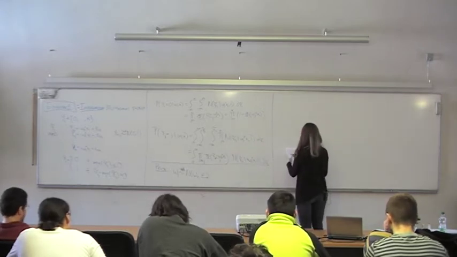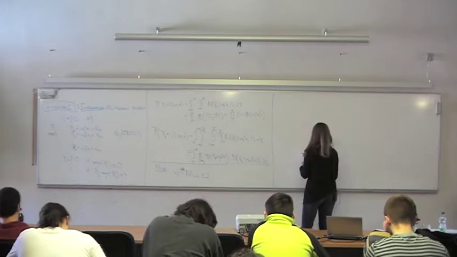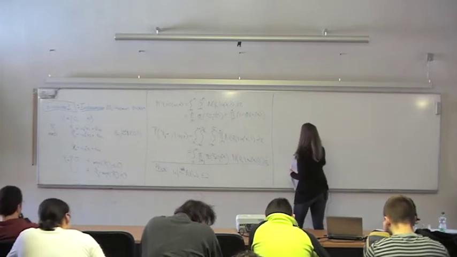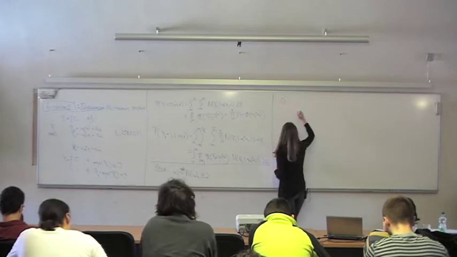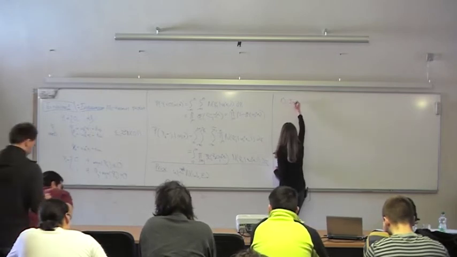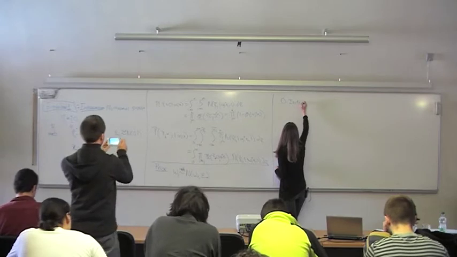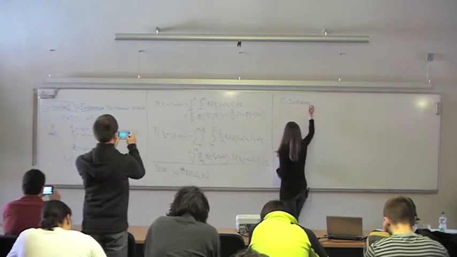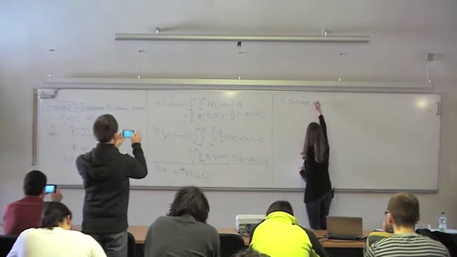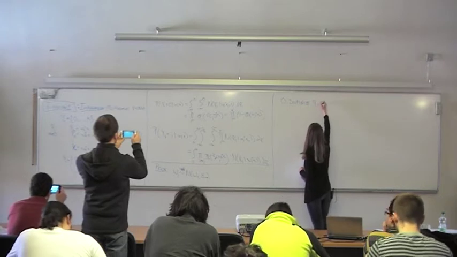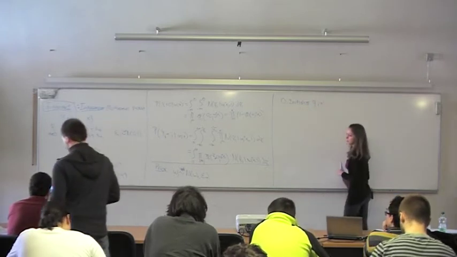So the Gibbs sampling algorithm. The first step, step 0, is to initialize our chain. We need to initialize y tilde and w.